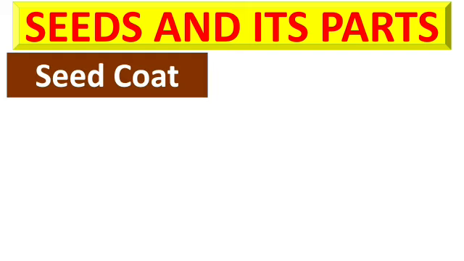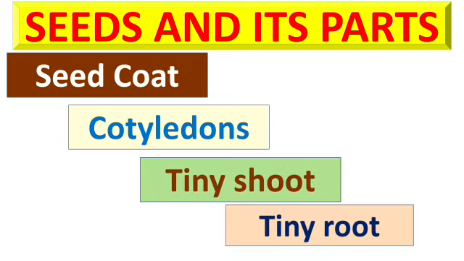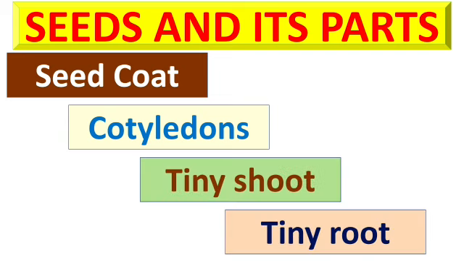Now we will see the seeds and their parts. Mostly seeds have 4 major parts: seed coat, cotyledons, tiny shoot and tiny root. Let's have a look at them in detail.